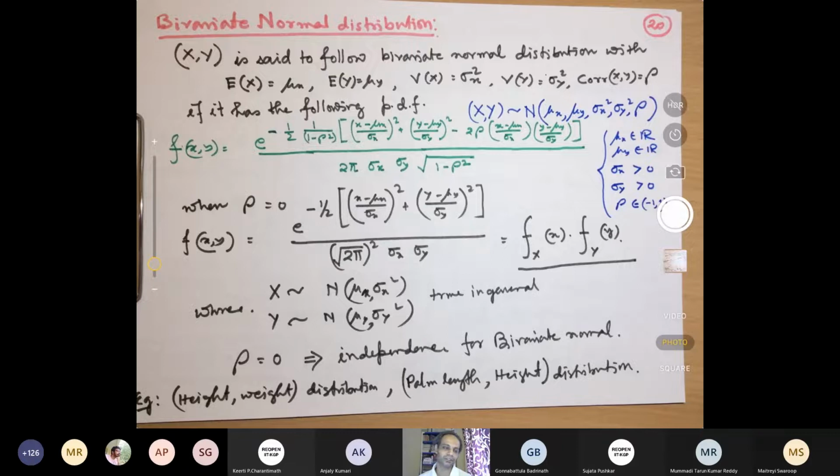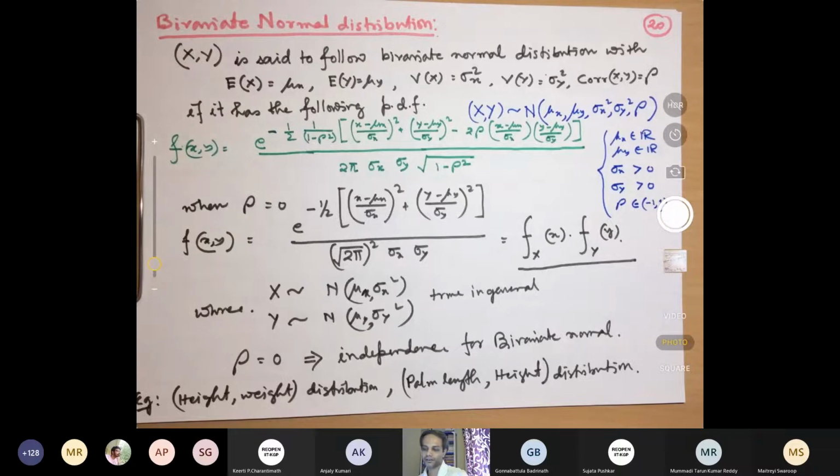Similarly, if you consider the price of oil and at the same time the price of another commodity like sugar, or dry fruits in the market which need more transportation, those are dependent variables and you can model them with a bivariate normal. Okay, now let us talk about its theoretical properties.